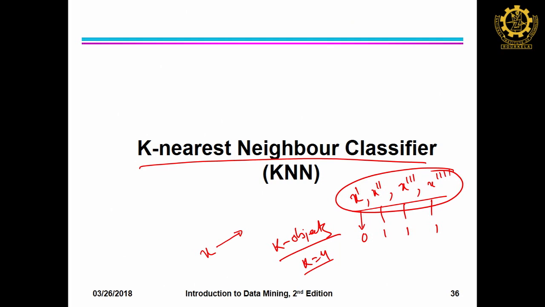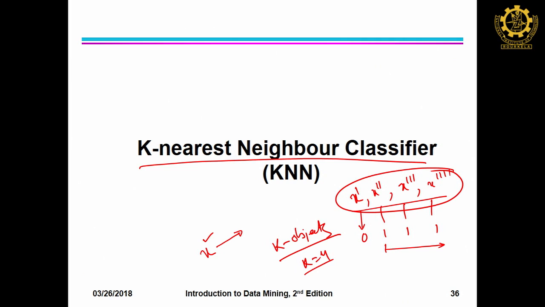If you take the majority voting, 3 objects belong to the same class, class 1. Therefore, the unknown object's class label will be 1. So, instead of the 1 nearest neighbor, you take the k closest objects and take the majority voting on the class label.